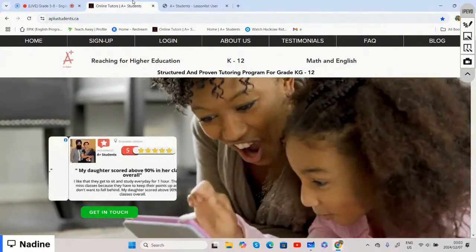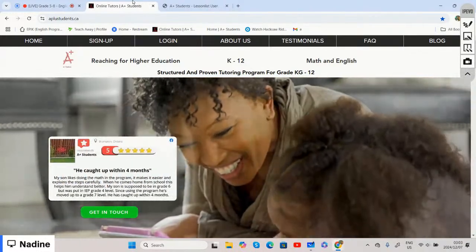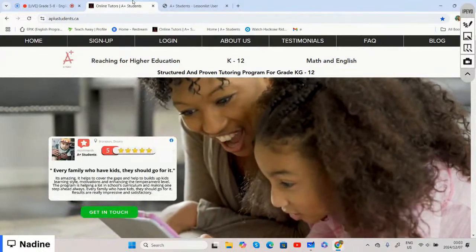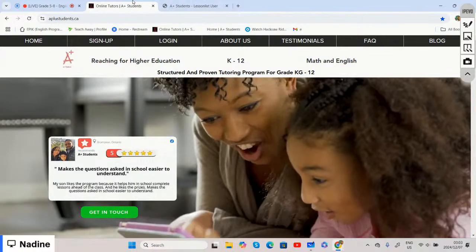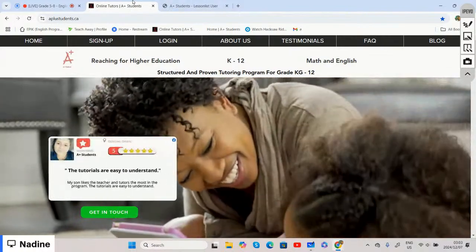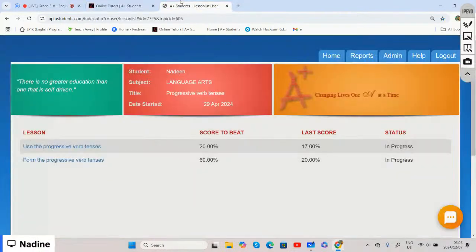Once we've logged on to aplusstudents.ca with our username as well as our password, we're going to select the subject of English language arts. We're doing grade 5 to 8. And then we're going to scroll down until we get to our chapter of progressive verb tenses.